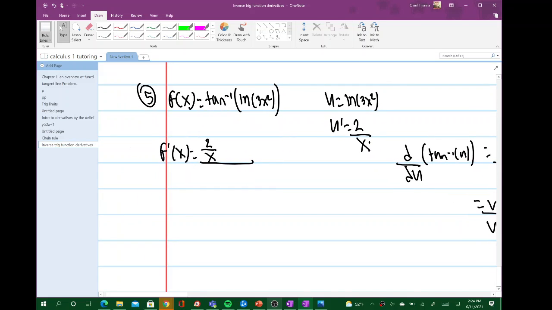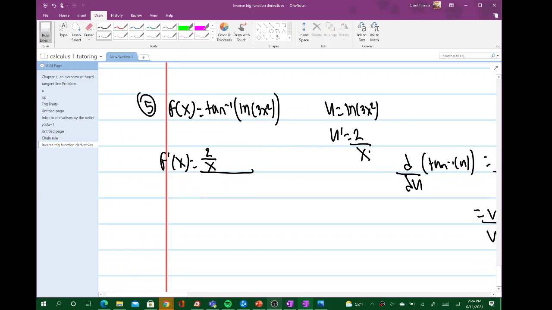U prime is 2 over x, and then over 1 plus whatever u squared is, so ln squared of 3x squared. So basically I can write it this way. That's u squared and then plus 1.